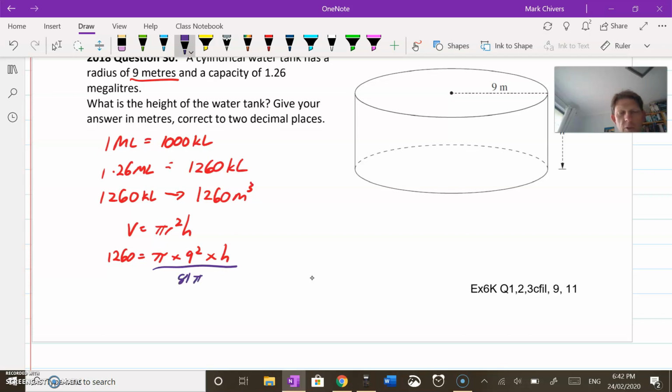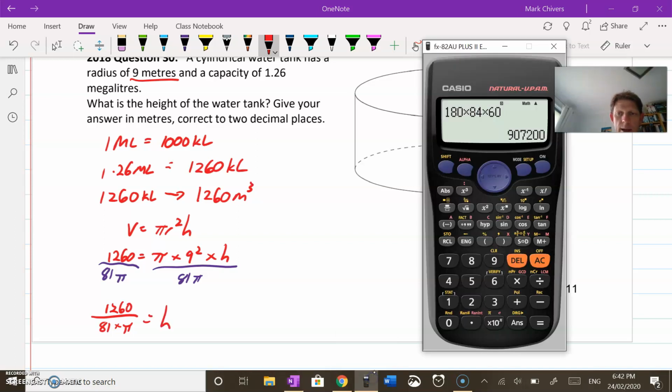You can write here 9 squared times pi if you want to, but you might be smart enough to figure out that 9 squared is 81. So if I divide both sides like that, my equation is going to become 1,260 divided by 81 times pi, and that's going to equal my height.